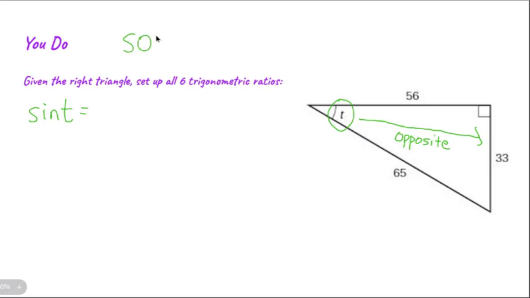Let me write the mnemonic at top. Sine is opposite over hypotenuse, so that's 33 over 65. We got cosine of T, 56 over 65.